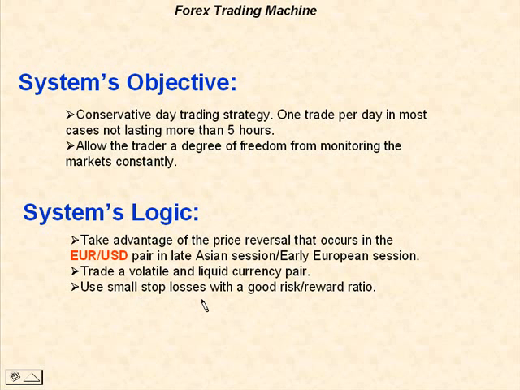Once the trade moves 15 pips in our direction, we will cover that in the examples in the next video. And we have a good risk to reward ratio. Remember, we're looking at 40 pips profit and we're risking 15 pips. So that is also a good risk to reward ratio.